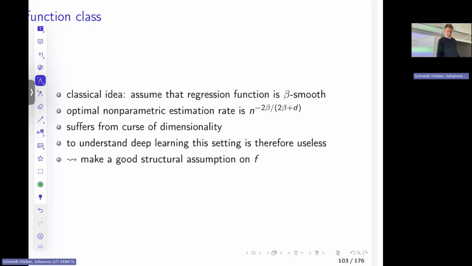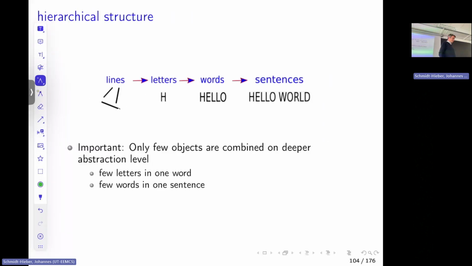How do we set this up? This is the idea. If you have a simple task, then between neural networks and random forest, sometimes neural networks win, sometimes random forest wins. Neural networks really become successful if there is some underlying complexity in the learning problem. One thing you can imagine, which happens a lot in state-of-the-art applications, is that the thing you want to learn itself has a hierarchical structure.